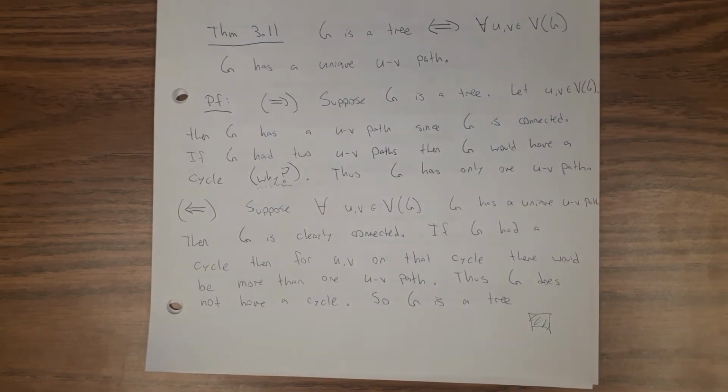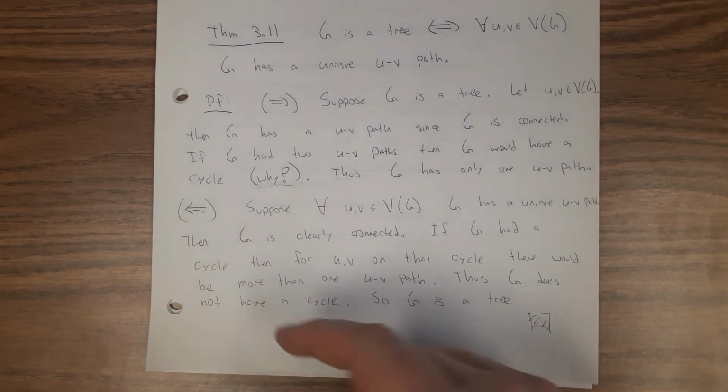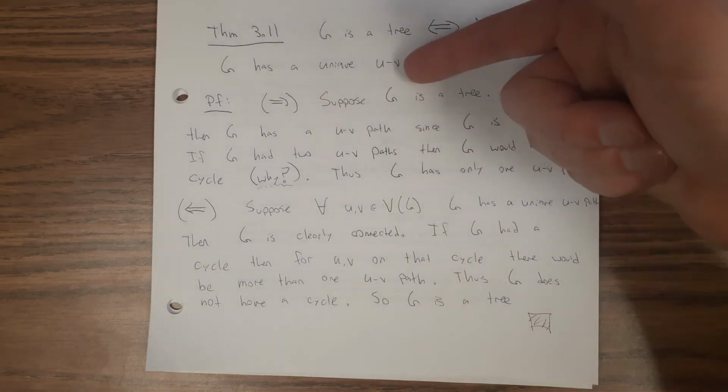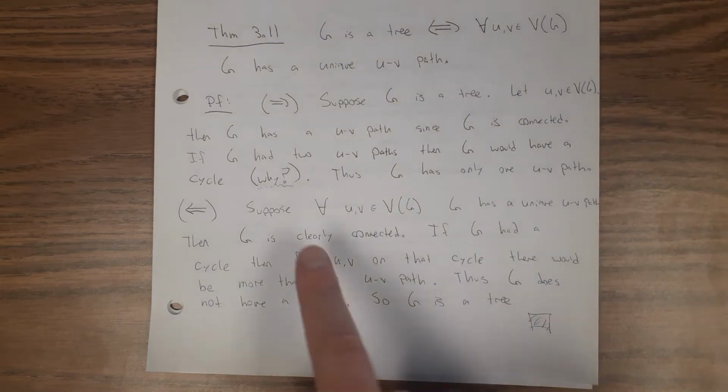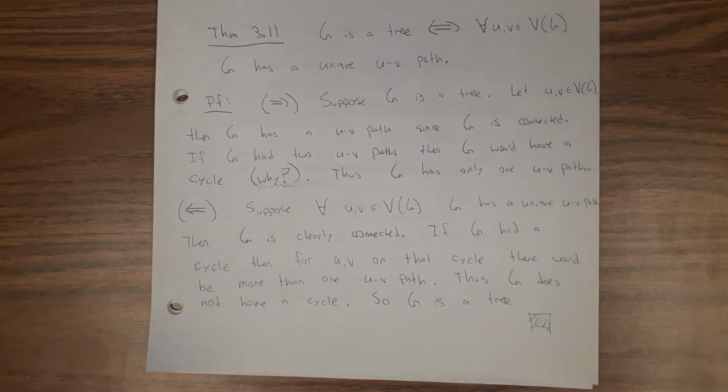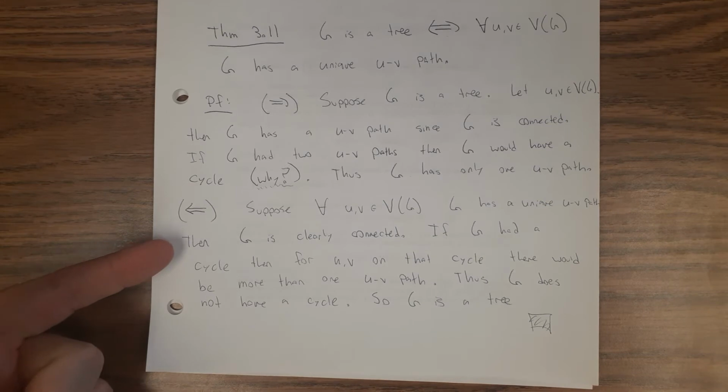State my assumption. So I'm going to suppose this, and then use that assumption to try to prove this. So here's stating my assumption. And then what I have to prove is that G is a tree, and that has two parts. First, let's talk about why G is connected, because that's one of the parts of being a tree.